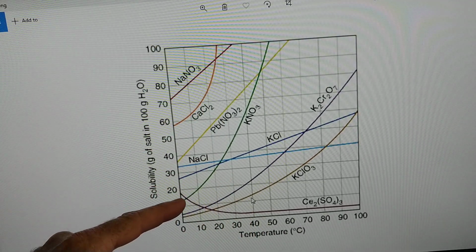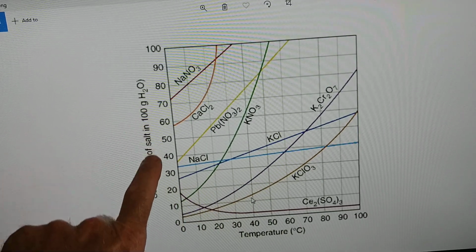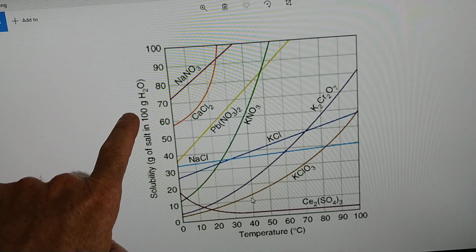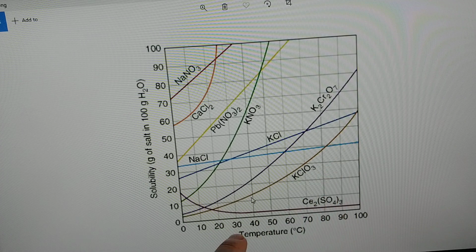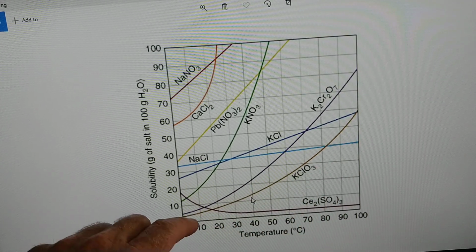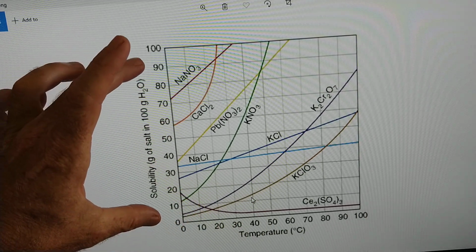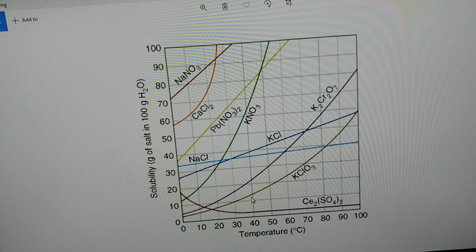And if you look, these lines show you the amount of grams that can fit in 100 grams of water at this temperature. So this line shows you the saturation point at different temperatures. The volume of the water is not changing, just the temperature. So temperature is very important.